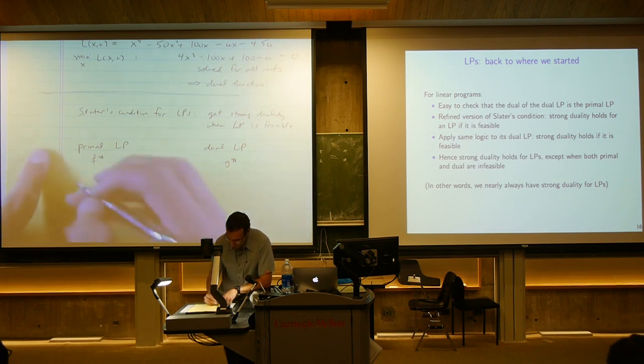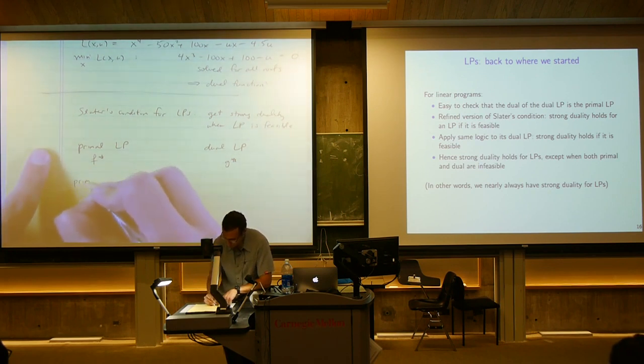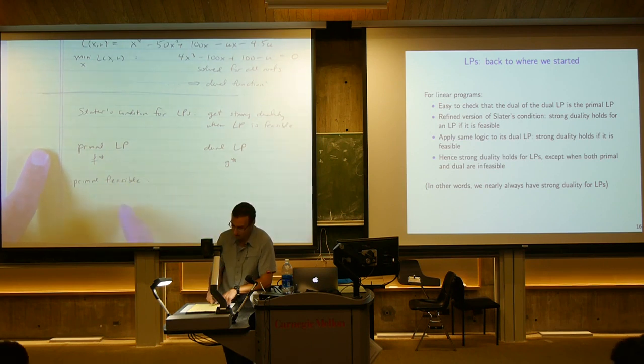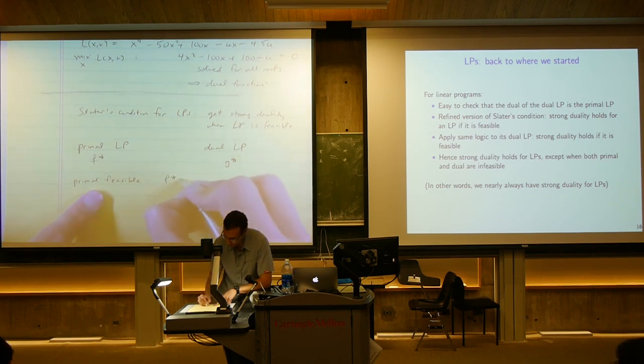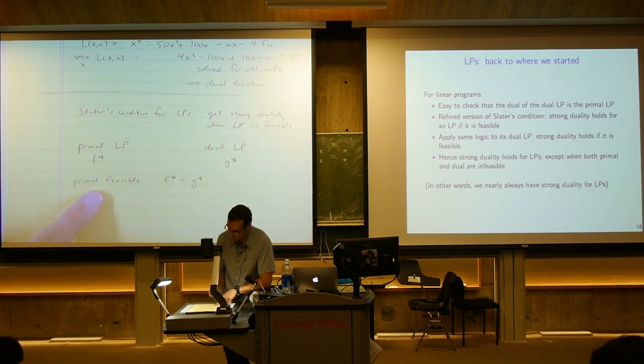If the primal is feasible for the LP, then Slater's condition tells us that we get strong duality, which means that F star is equal to G star.